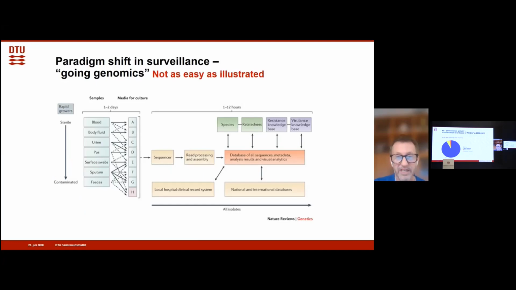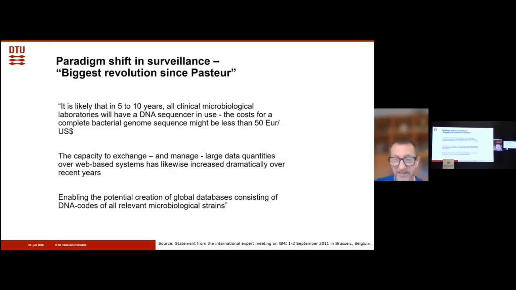Basically, it's not as easy as illustrated here in this illustration from a review. It's a bit more complicated. I'll go back to that. But it was mentioned in a meeting from the Global Microbial Identifier back in 2011 that it is likely that in 5 to 10 years, all clinical microbiology labs would have a sequencer in place, and that it would cost less than 50 euros or 50 US dollars to have a bacterial genome.